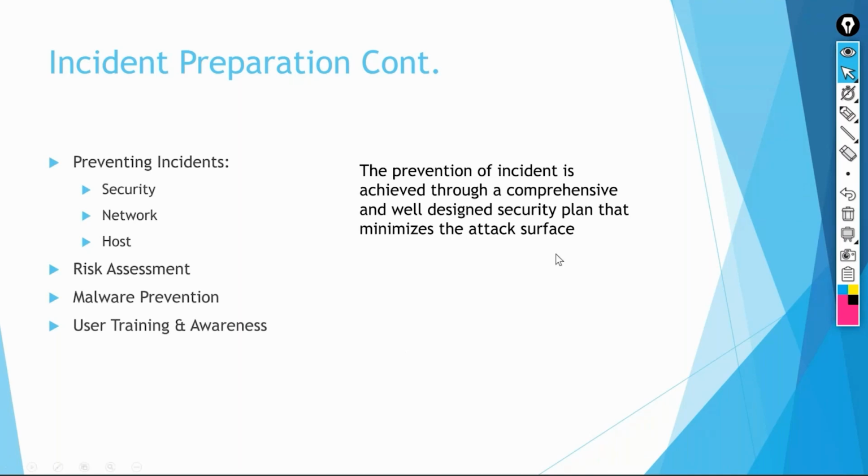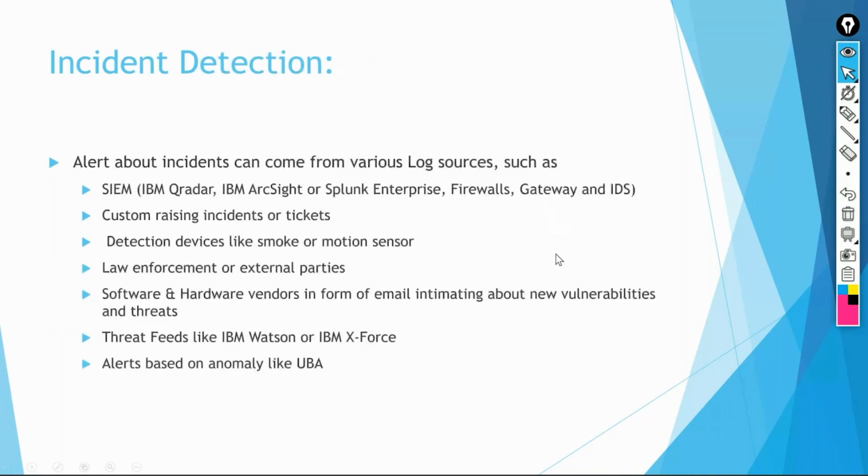Now, when we are talking about incident detection, an incident can come from various log sources. Normally, if your organization is using IBM QRadar, IBM ArcSight, or Splunk Enterprise, firewalls, gateways, IDS, these are all my log sources.